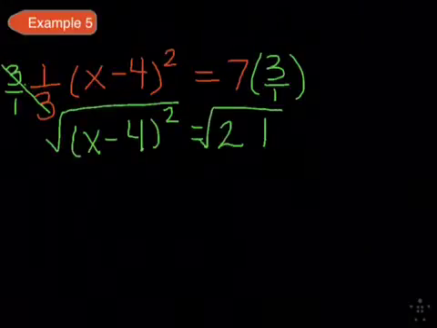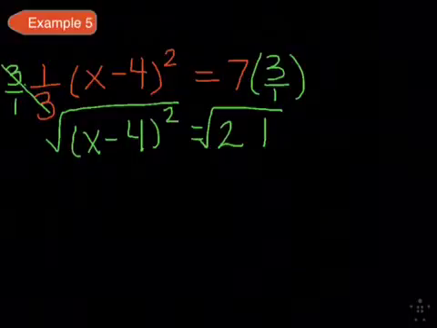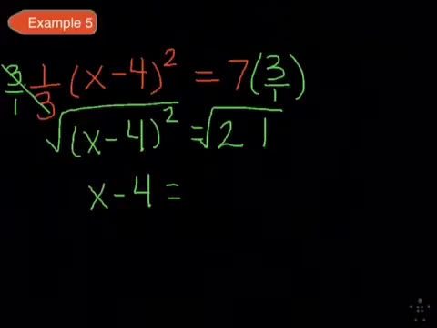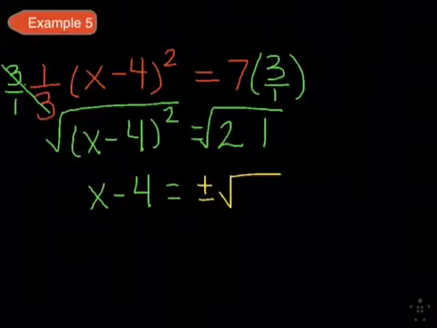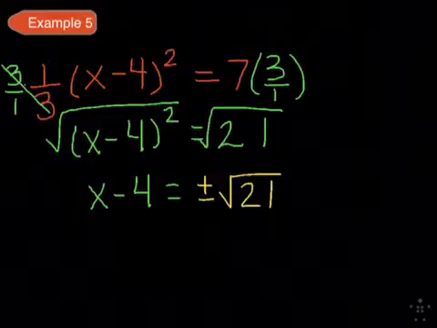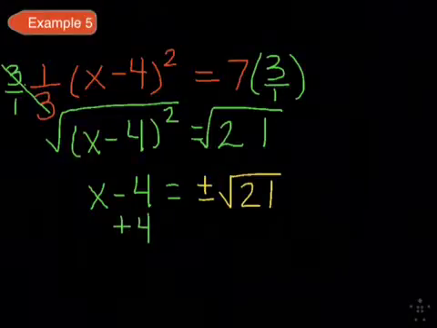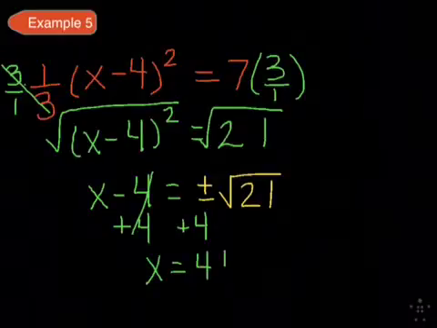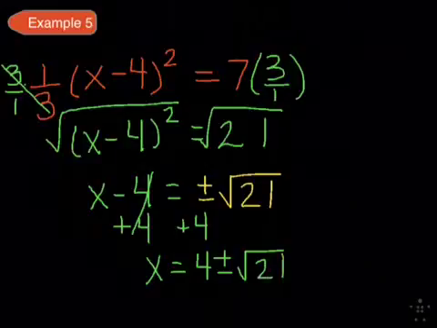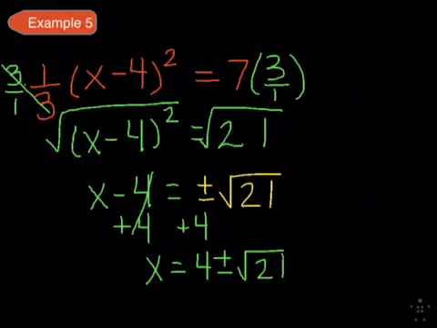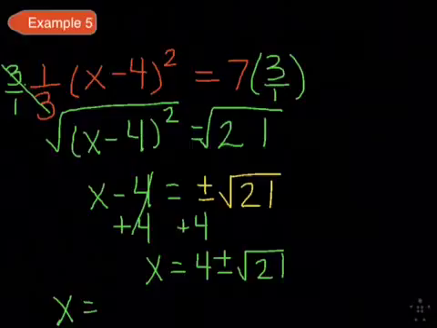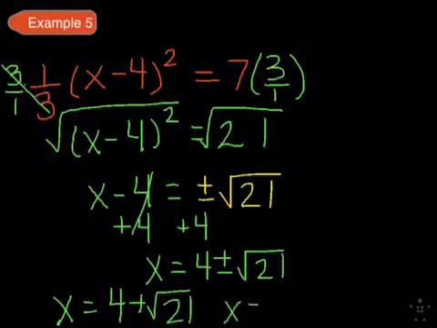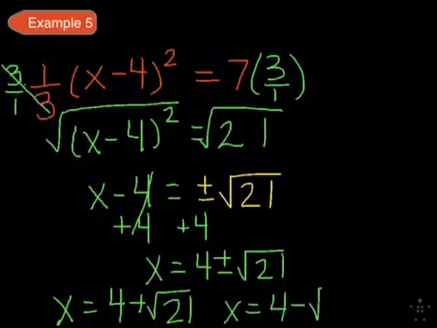So I find out I have x minus 4 equals positive negative square root 21. Add 4, add 4. So x equals 4 plus or minus the square root of 21. Okay. So if we split that up, it's going to be x equals 4 plus the square root of 21, and x equals 4 minus the square root of 21.